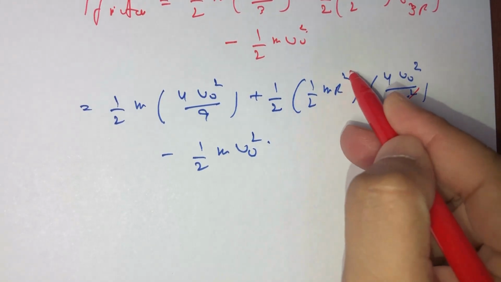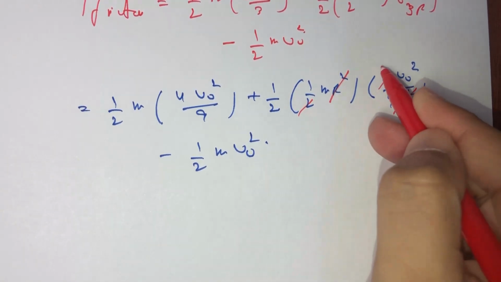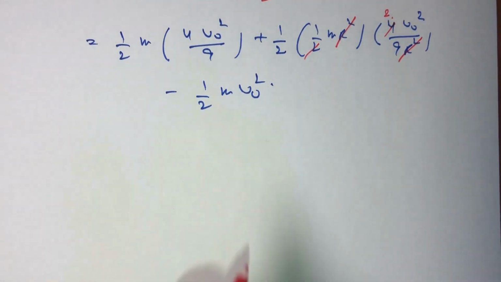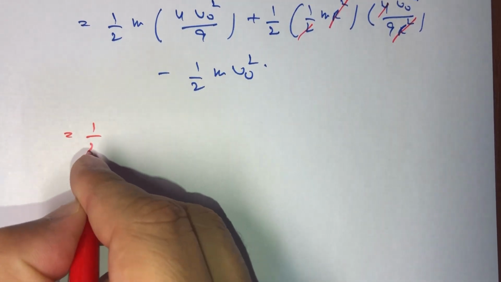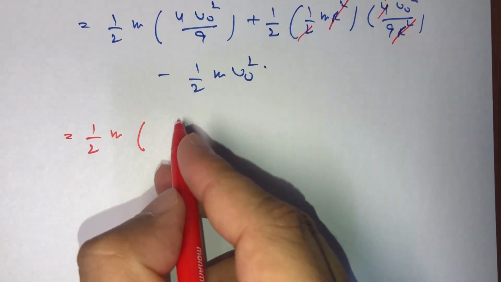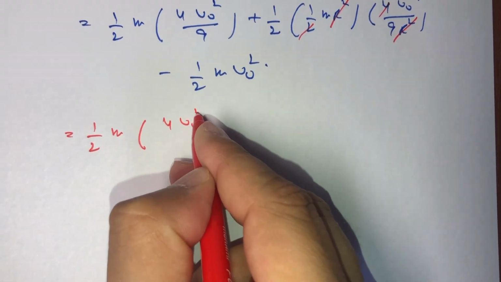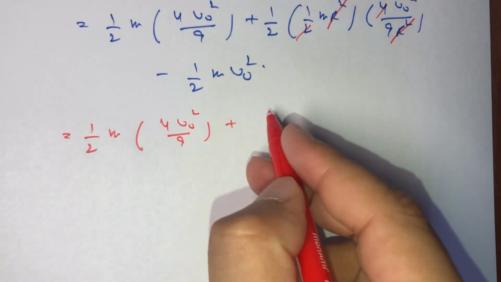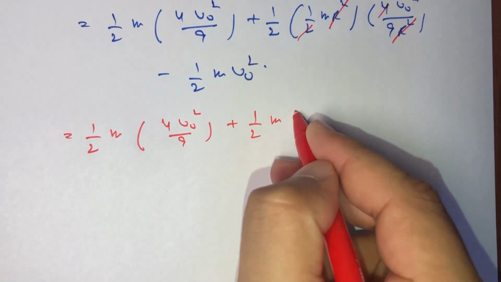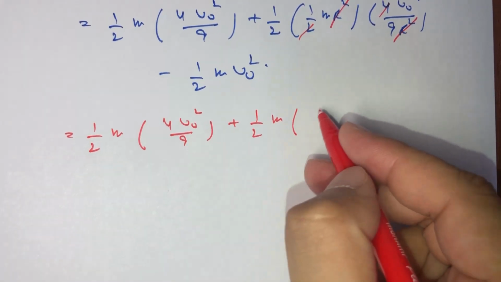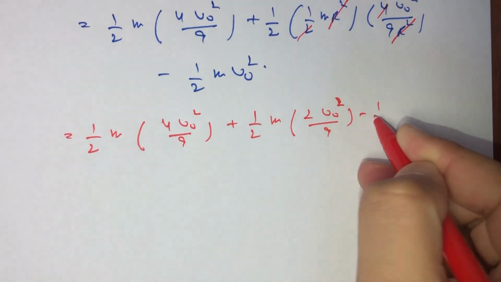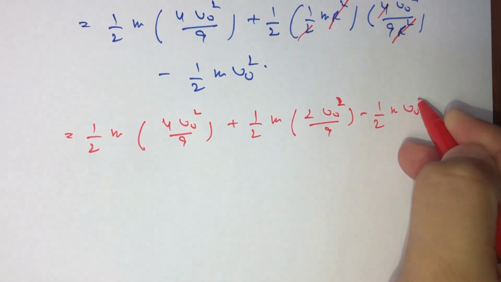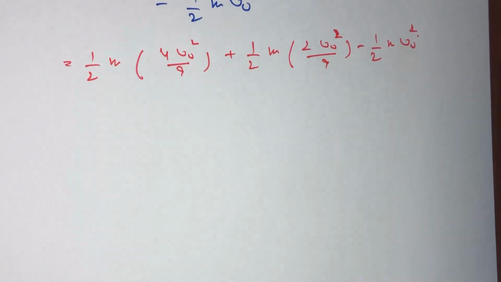So r square cancels with r square, and this goes by 2. So we are left with 1 by 2m 4 v naught square upon 9, plus 1 by 2m 2 v naught square upon 9, minus 1 by 2m v naught square.